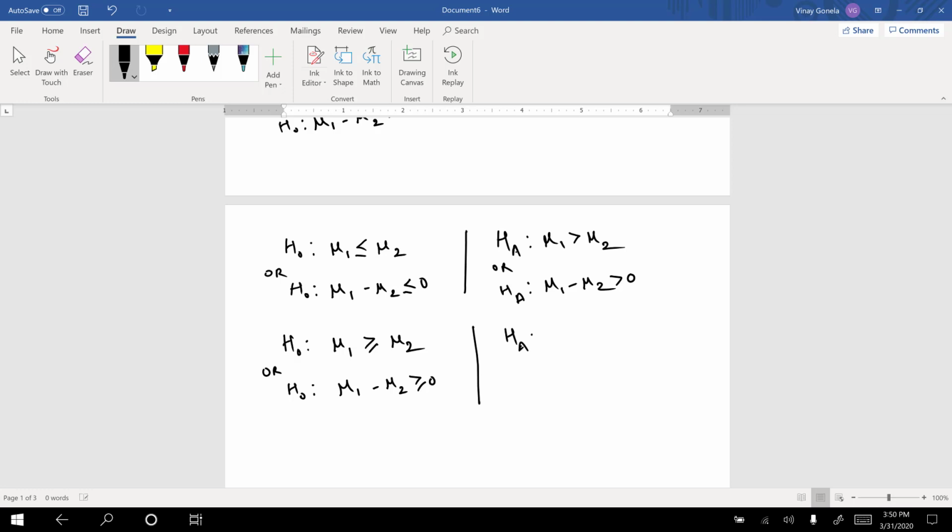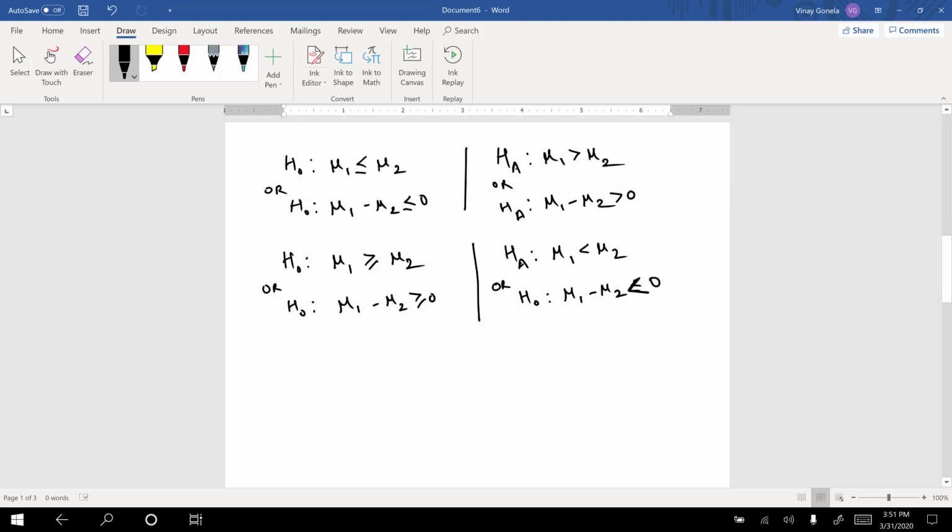The alternative would be mu1 less than mu2, or H alternative: mu1 minus mu2 less than 0. So these are the three situations that can happen in hypothesis testing for comparing two population means. Again, it depends on whether you are using mu1, mu2. If your city 2 is mu1, then the whole situation might change.